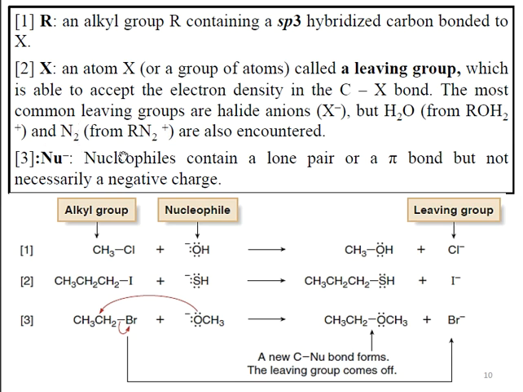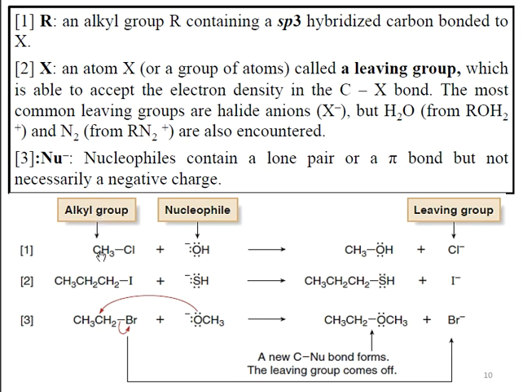And here the nucleophile. Nucleophiles contain a lone pair of electrons or a pi bond, but not necessarily a negative charge. That means the nucleophile may be neutral, or it may have a negative charge.